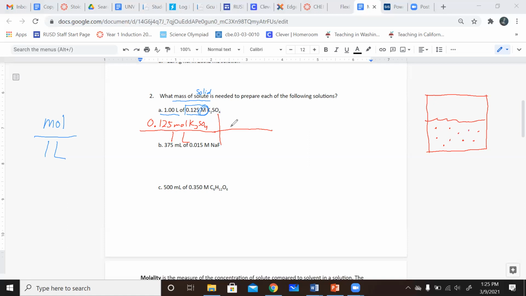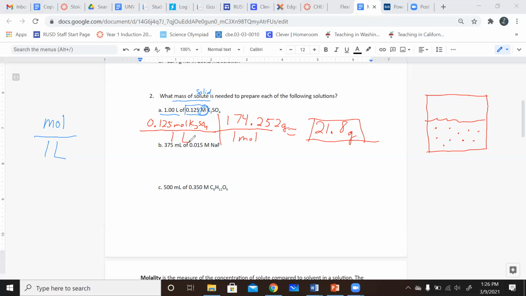All right, so our molar mass, again, found on the periodic table for K2SO4, is 174.252 grams for every 1 mole. We multiply that straight across, and we are going to get out of that 21.8 grams as our answer. So that one was pretty straightforward.